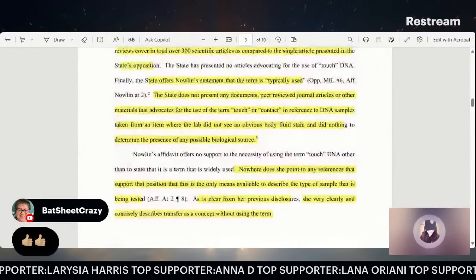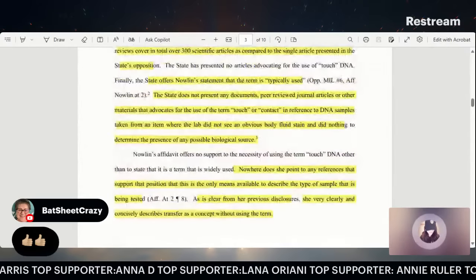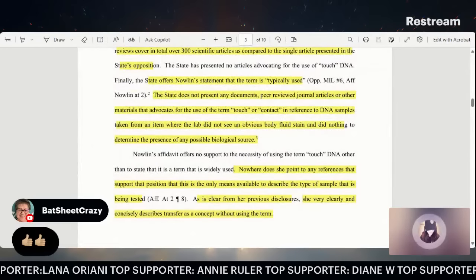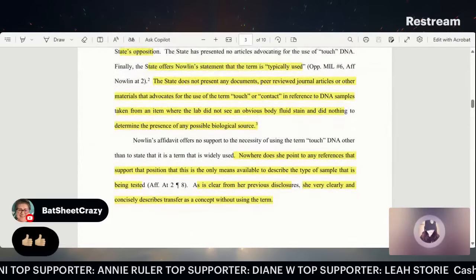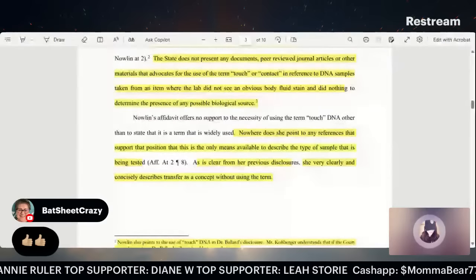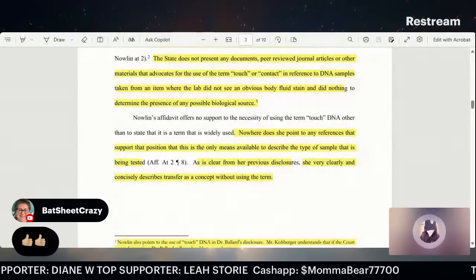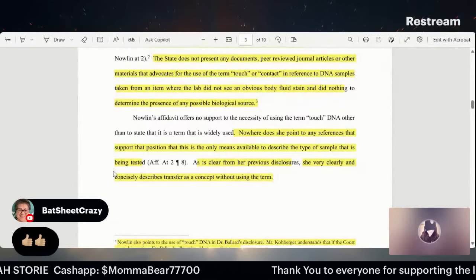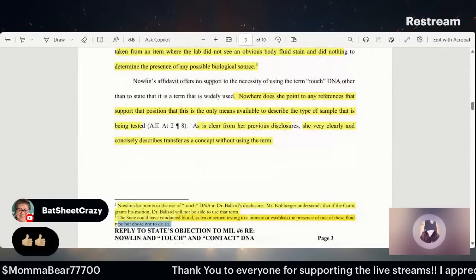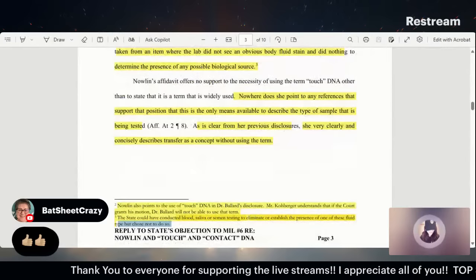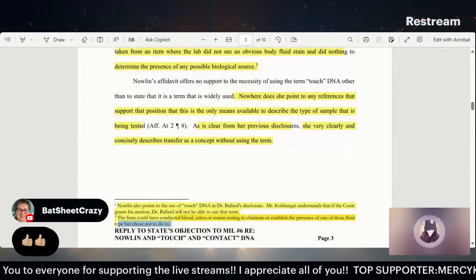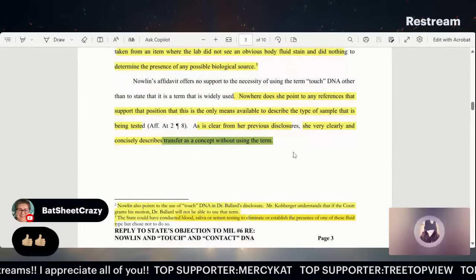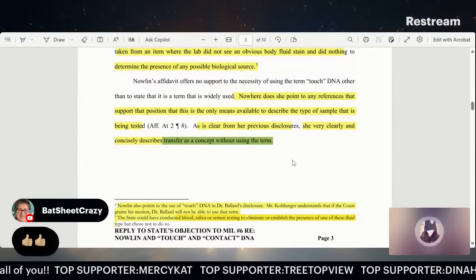Nowlin's affidavit offers no support to the necessity of using the term touch DNA, other than to state that it is a term that is widely used. Nowhere does she point to any references that support that position, that this is the only means available to describe the type of sample that is being tested. As is clear from her previous disclosures, she very clearly and concisely describes transfer as a concept without using the term touch.